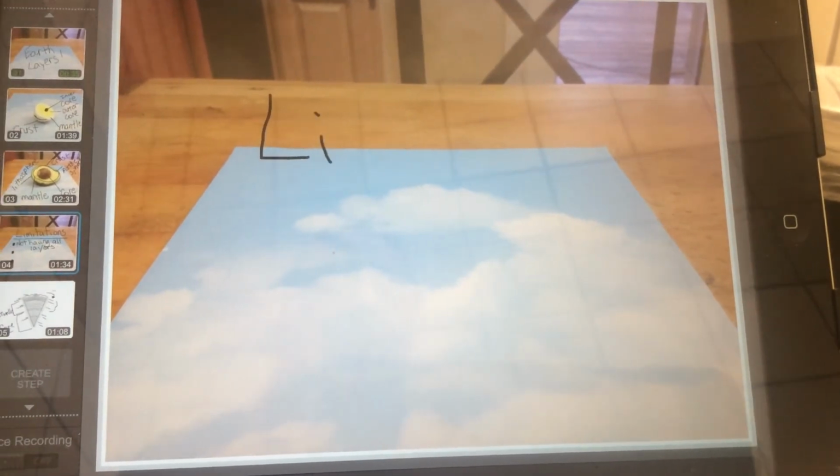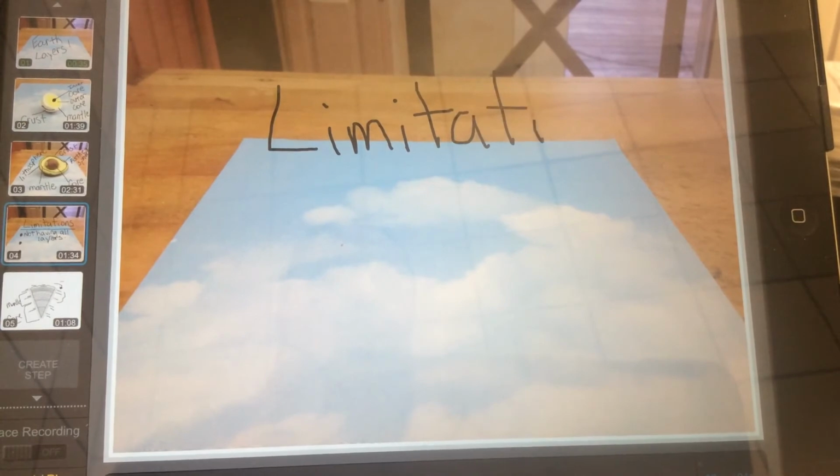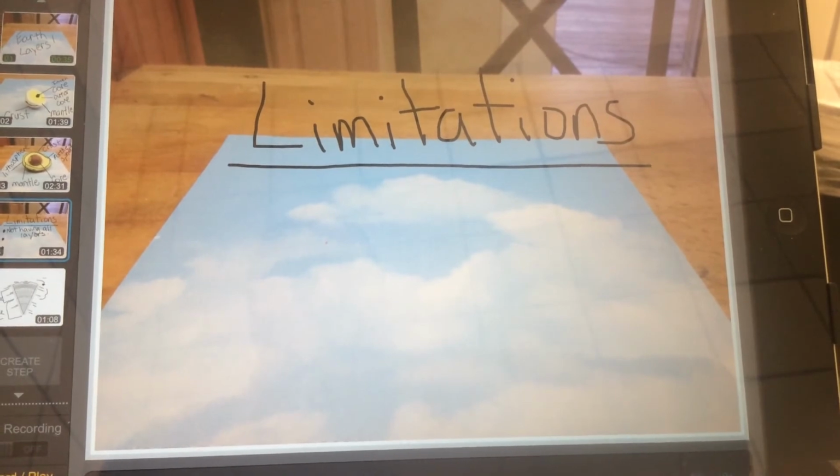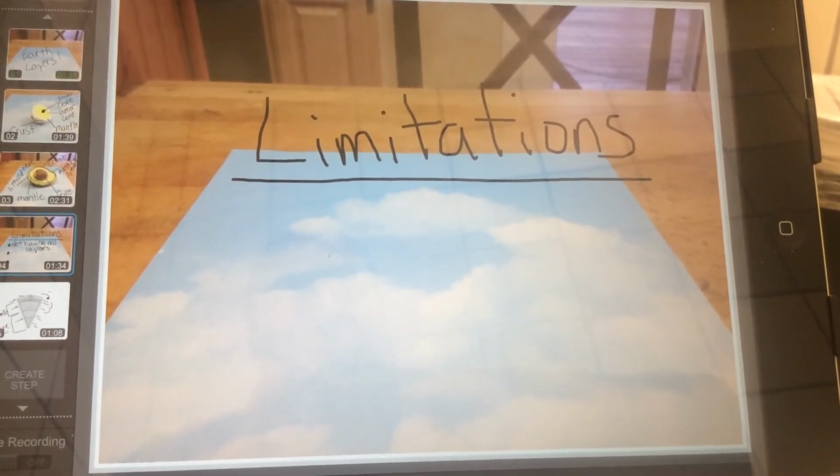our next topic, and let's talk about some limitations. Now remember, limitations of these models are going to be things that are going to limit us from learning the exact information that we need to.